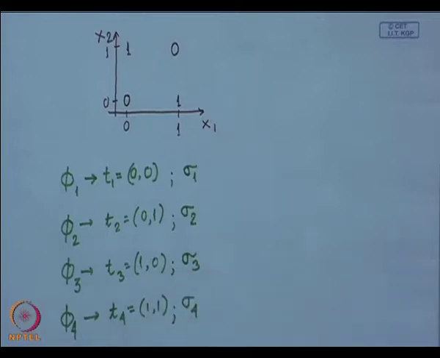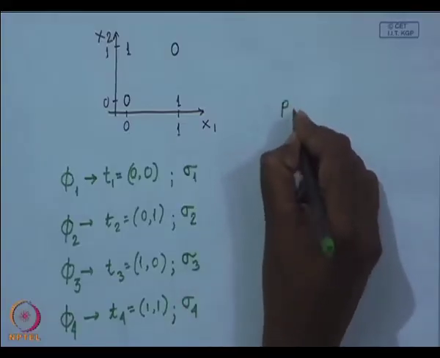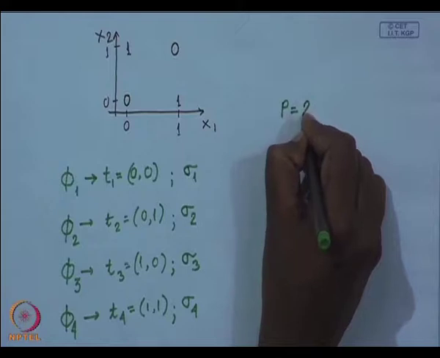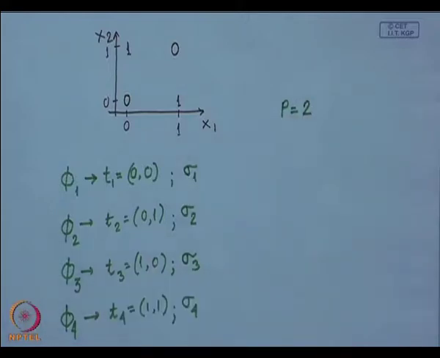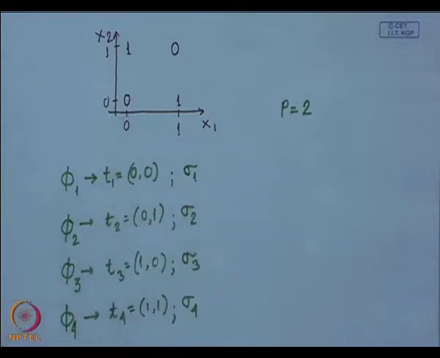For every receptor, I have to find p number of nearest receptors, and suppose I choose p equal to 2. Here you find that for every receptor there are 3 neighbors. 2 of the neighbors are at a distance of 1, and one of the neighbors is at a distance of 1.4, that is square root of 2.